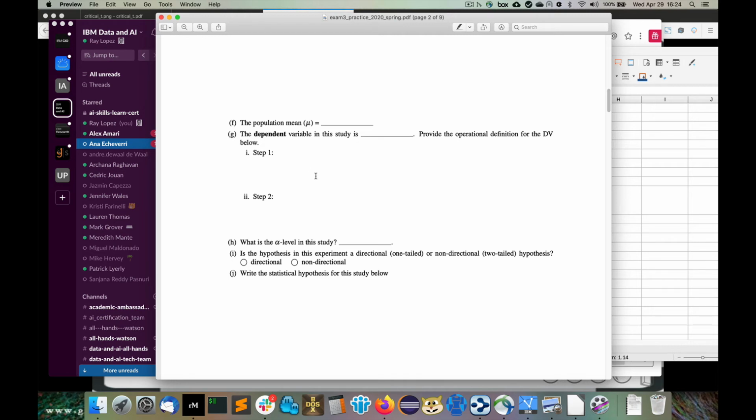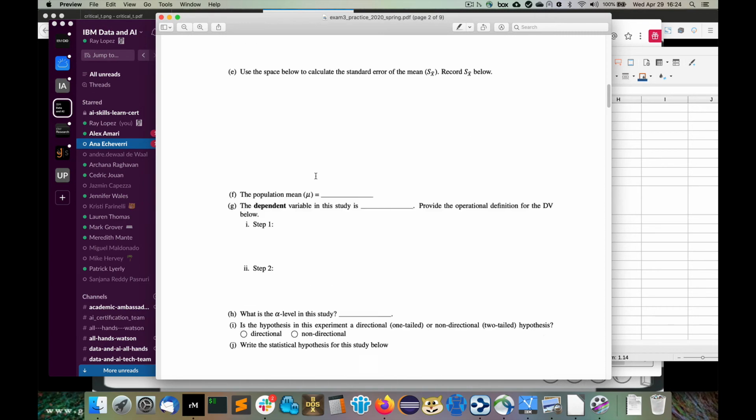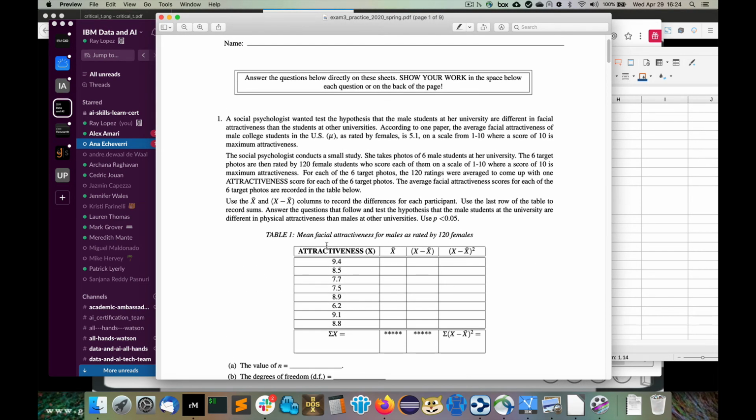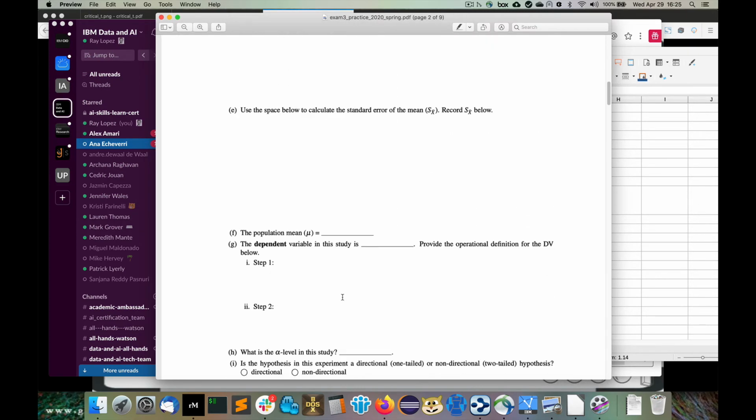Step 1 is the things that you're counting to assess facial attractiveness and the range. And you go back up to your problem. And the things that we're counting are right here in this table, and that would be mean facial attractiveness scores, or mean. The best answer would be average facial attractiveness scores or mean facial attractiveness scores, either one.